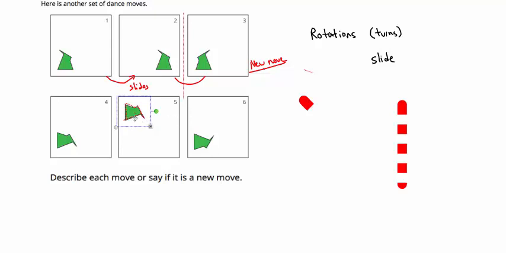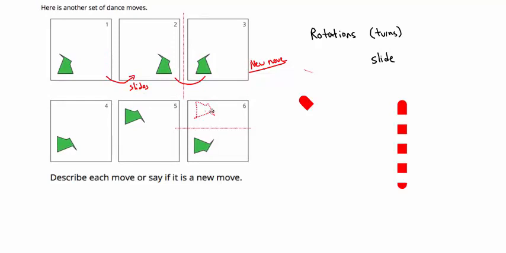Maybe it slides over here first. Maybe it slides over and then reflects over that line there. Might reflect over there.